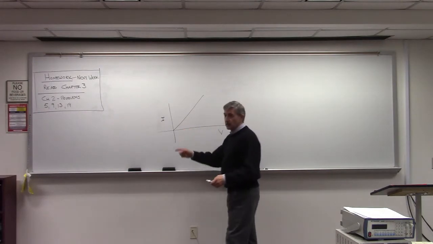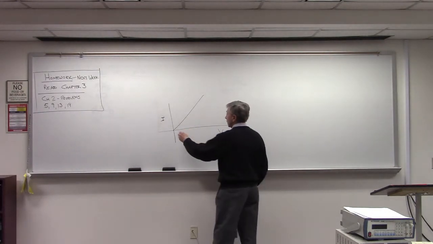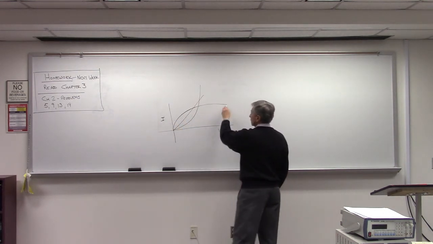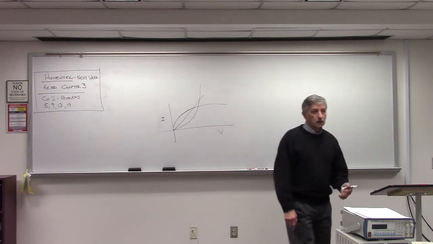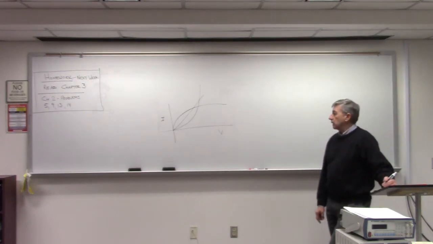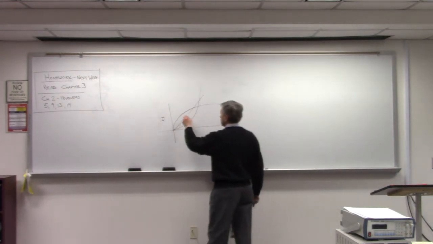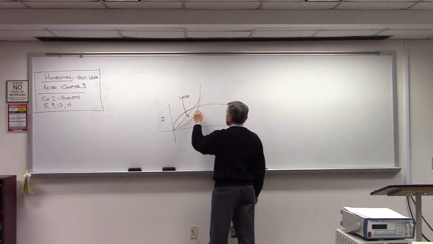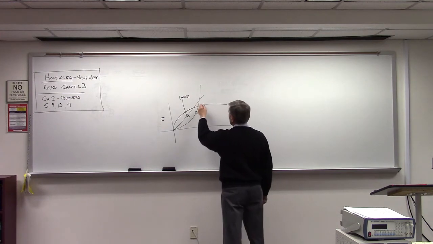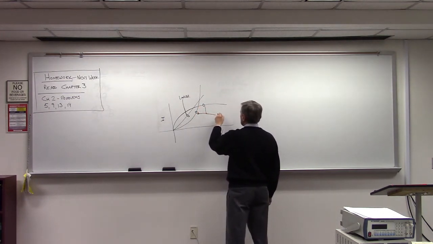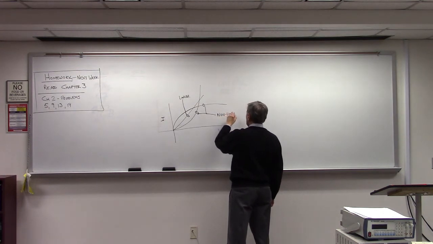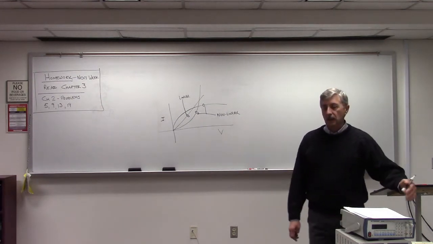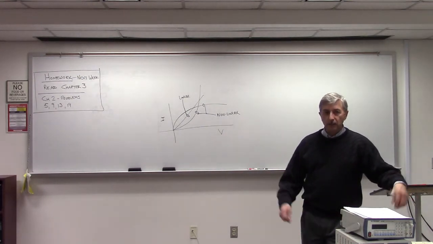If I had a device that was nonlinear, the relationship would perhaps be something like this, or something like this, where you don't have that straight line. So this is linear, and this is nonlinear. We're going to be dealing strictly with linear till we get to capacitors and inductors, and then all of a sudden, whammo, it's going to go to nonlinear.